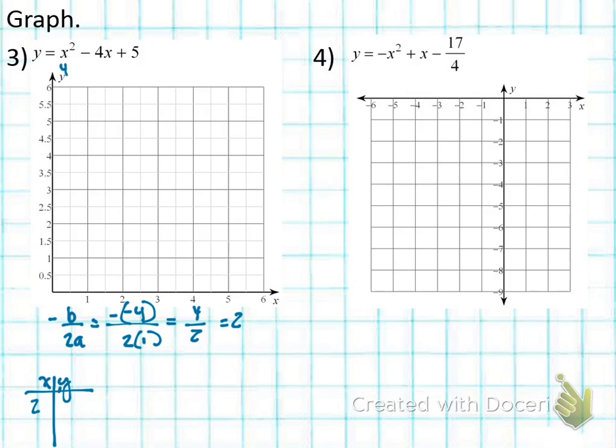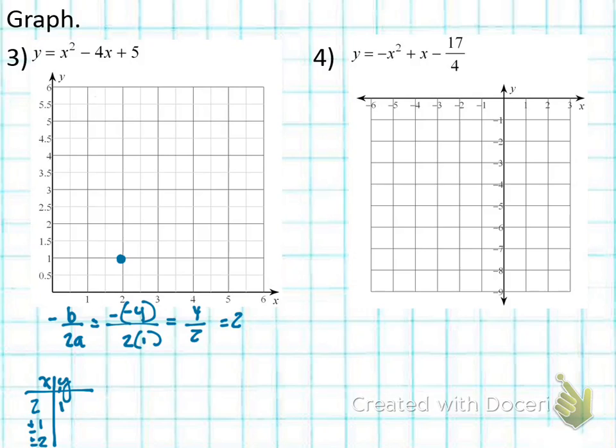Negative 4 times 2 is negative 8. 4 minus 8 is negative 4. Plus 5 is still 1. Okay? So put in 1 here. Okay, so let's plot our vertex. 2, 1. Does our graph open up or down? Up. Good. How do you know it opens up?